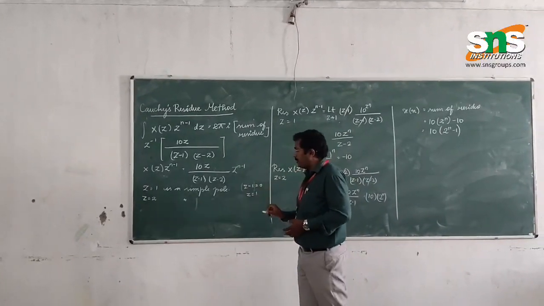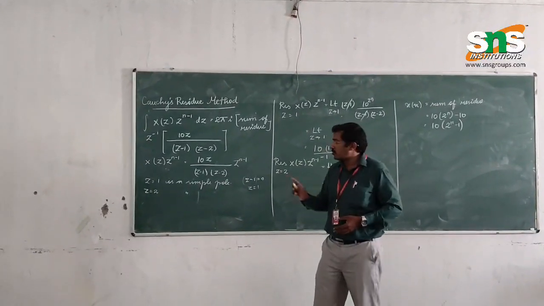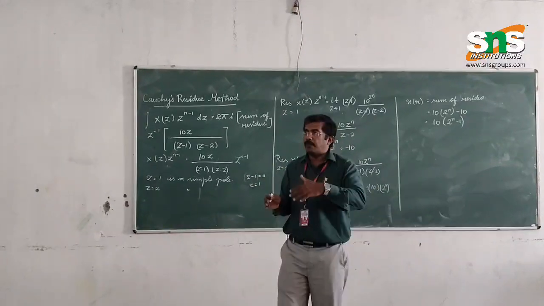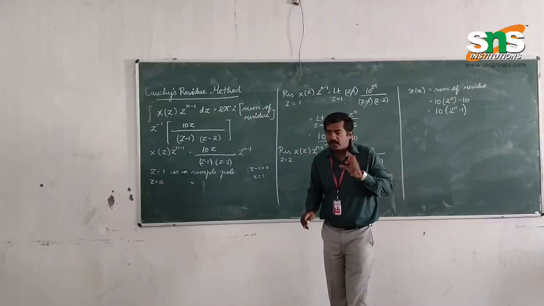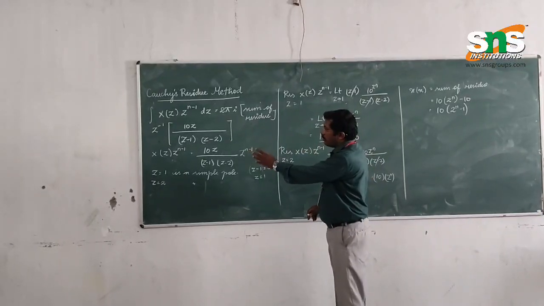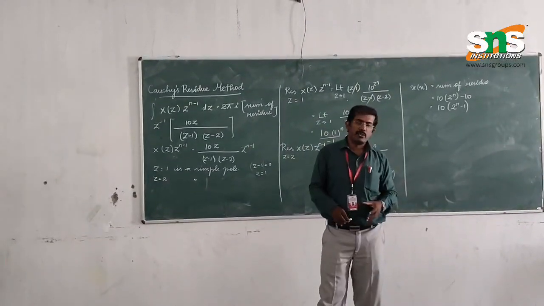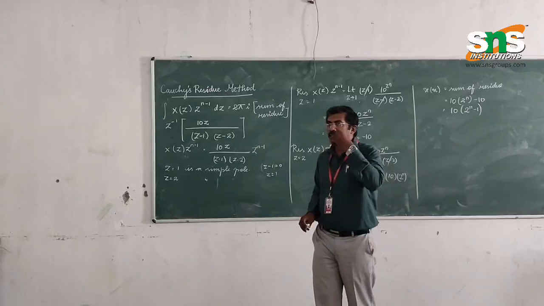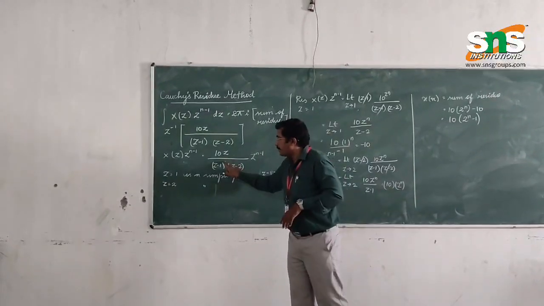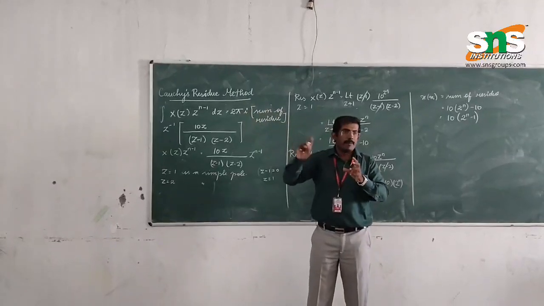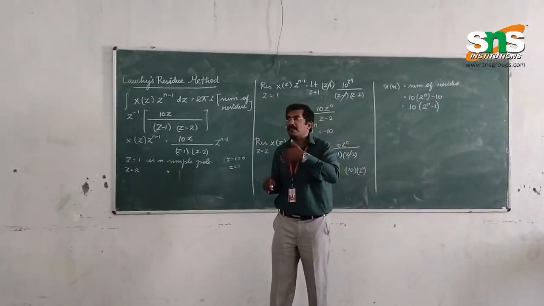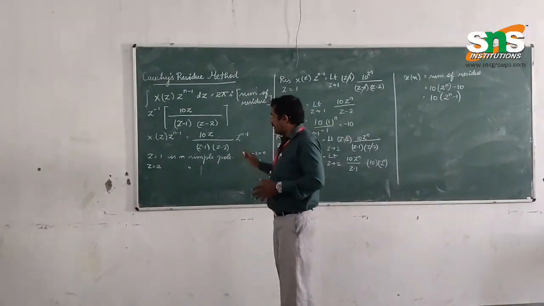Here the power is 1. It is not z minus 1 square or z minus 1 cube. So it is z minus 1 whole power 1. So z equal to 1 is a simple pole. Or else, if there is a higher power, you will write that it is a pole of order m equal to 2, m equal to 3, as we had seen in the previous discussion.